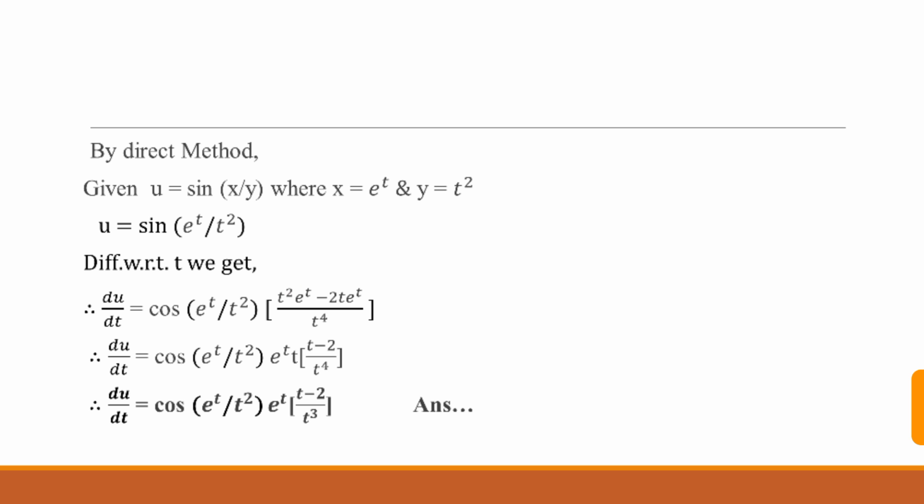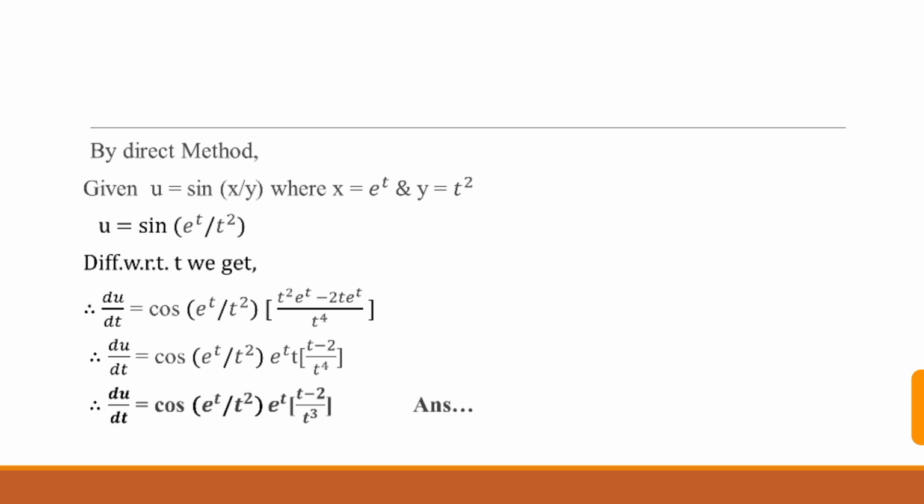We get du by dt is equal to the derivative of sin, that is cos of e raised to t upon t square, into again the derivative of e raised to t upon t square, according to the derivative of a quotient. What is the derivative of a quotient or division of any two functions?